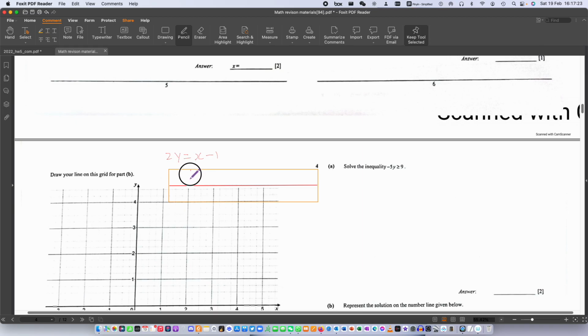Okay, what I suggest is, for x and y, always test 0. And then if you test the 0, always test 1 and 2. And then test the negative 1, negative 2. Are you clear? So always give yourself 5 values for x.